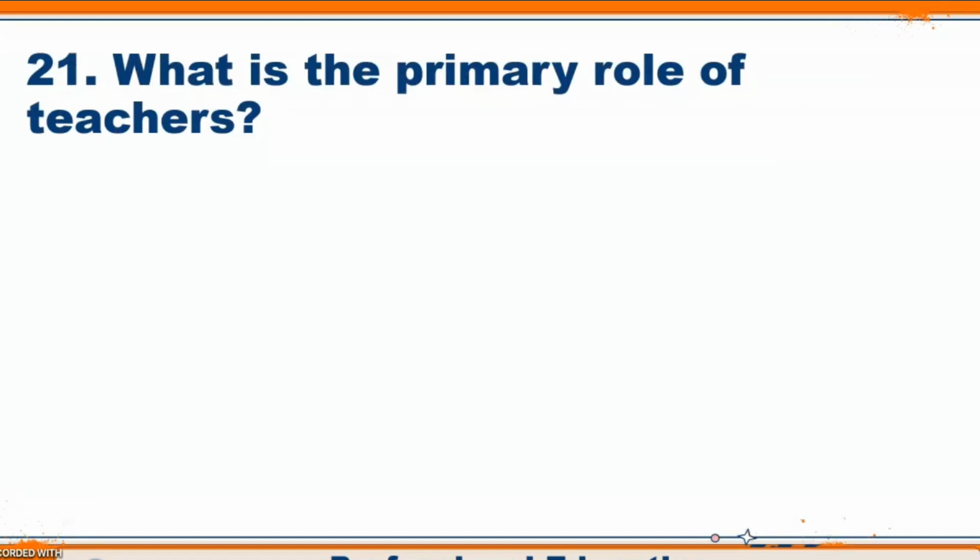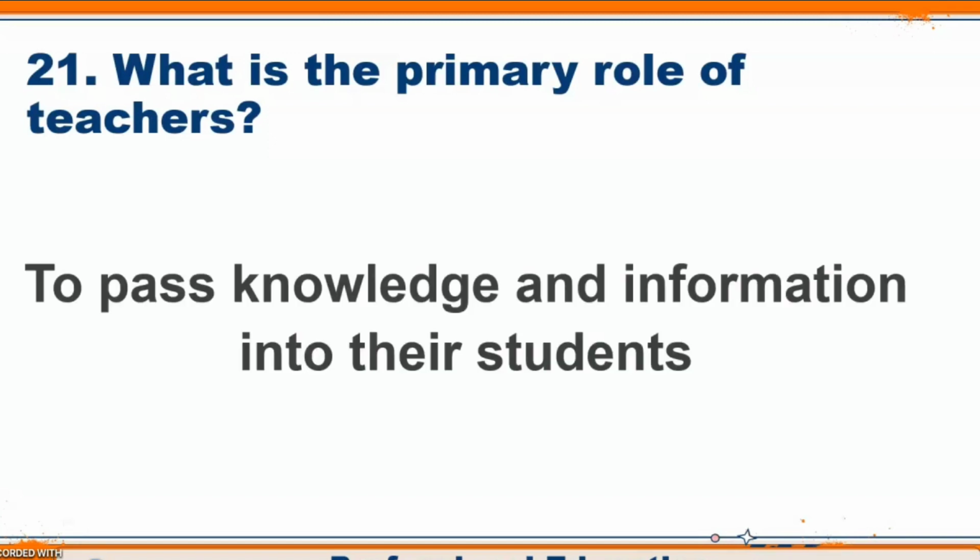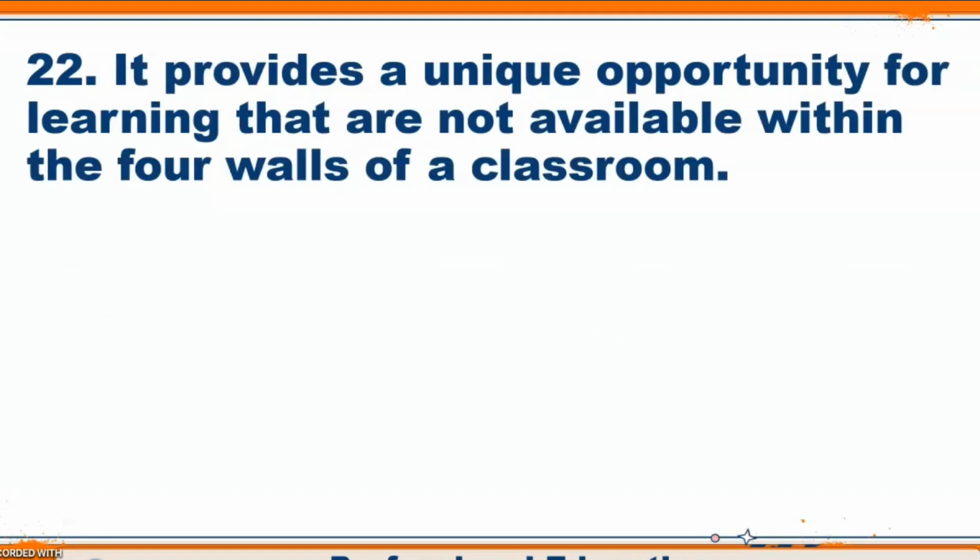Number 21. What is the primary role of teachers? To pass knowledge and information into their students. That's why teachers need to plan and prepare effective lessons. Number 22. It provides a unique opportunity for learning that are not available within the four walls of the classroom.